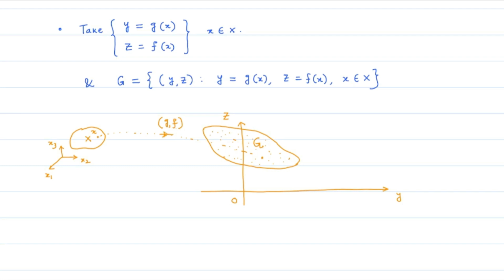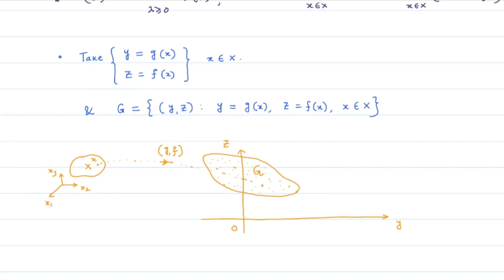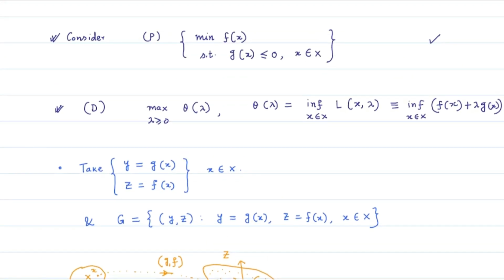Now in this set capital G, let us try to look at the primal problem. We see that with this reformulation of the variables, the primal problem is equivalent to minimization of the function f(x). f(x) is now redefined as z.